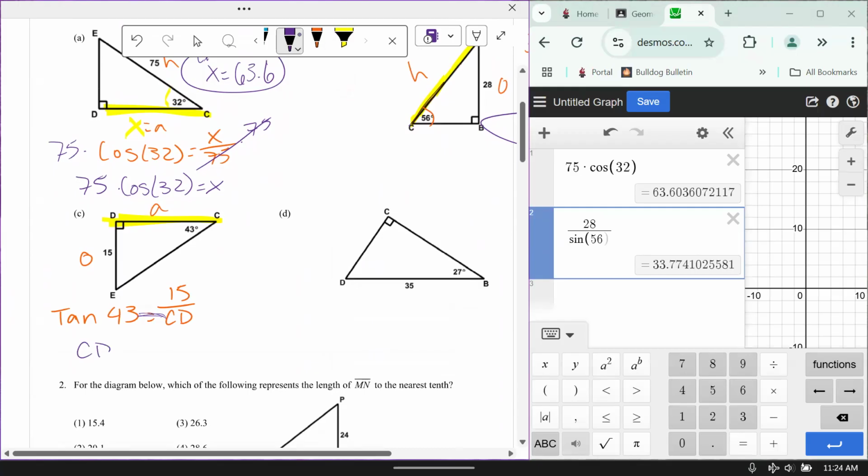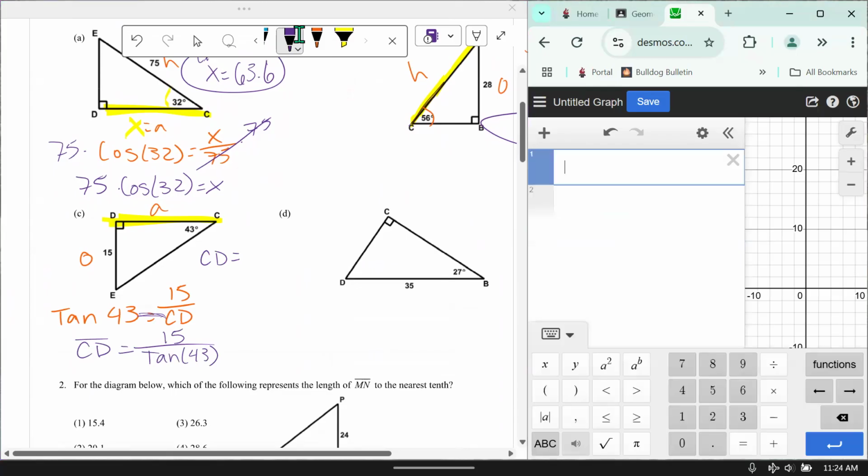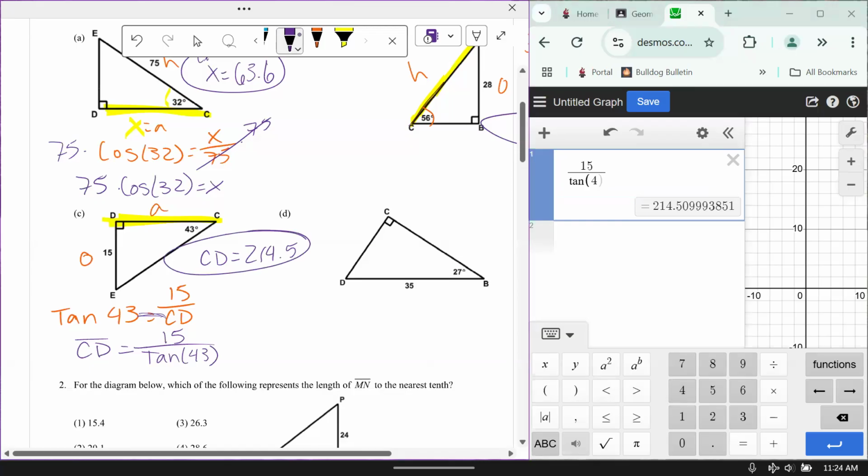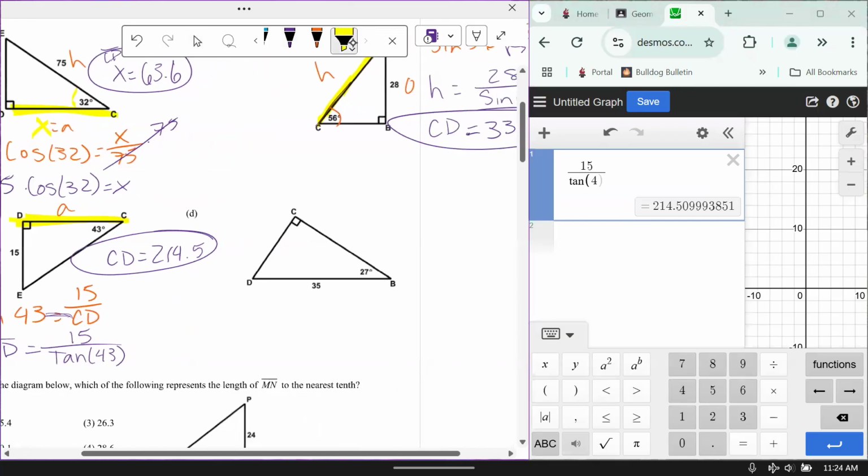So we get CD equals 15 divided by tangent of 43. So CD will equal 15 divided by tangent of 43, 214.5.